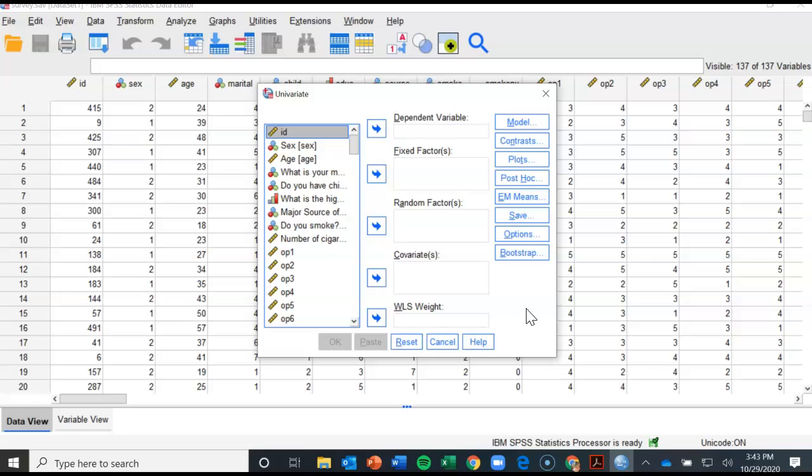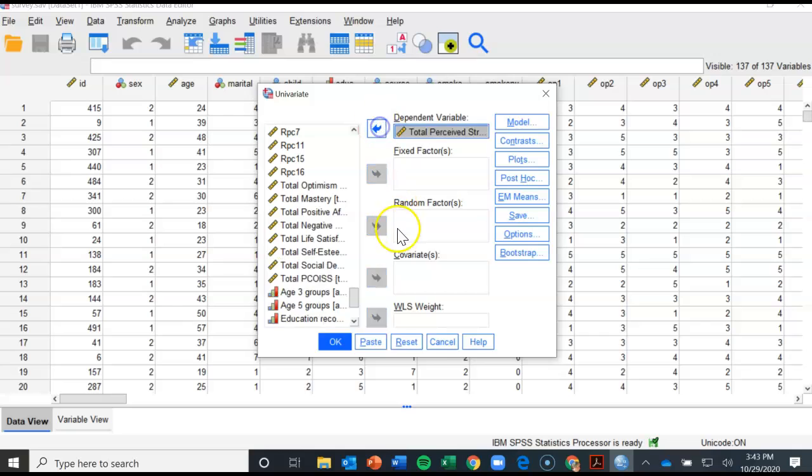Do they have independent influence on perceived stress? So first, your instructions say to choose your dependent variable. So we need to scroll all the way down to our calculated variables and select perceived stress, and put that in the dependent box.